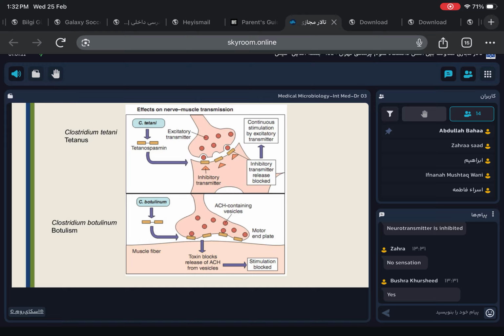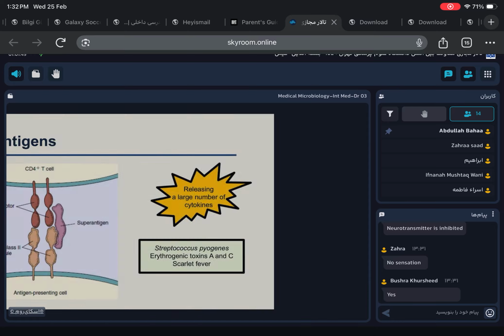So there is no stimulation for the muscle, and because of that, the patient develops paralysis, flaccid paralysis. So again, the AB toxin produced by Clostridium botulinum is not able to kill the cell. As you can see, it's just changing the normal function of the cell.